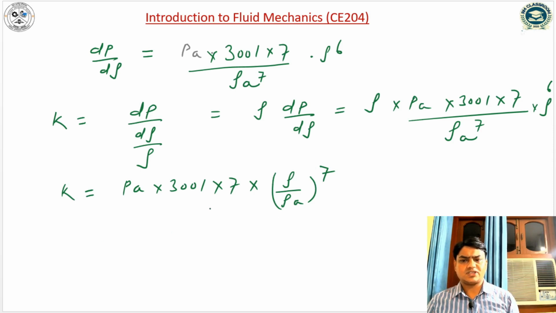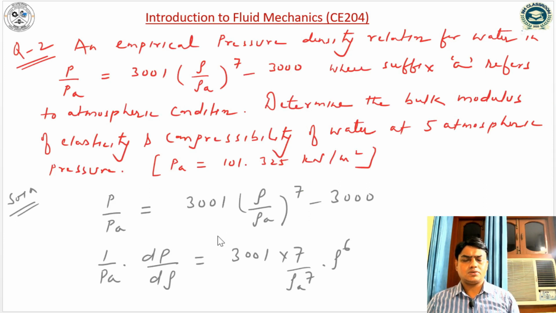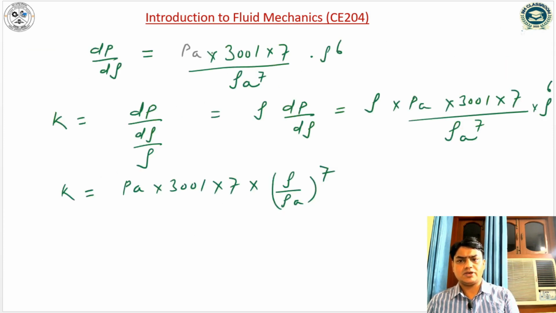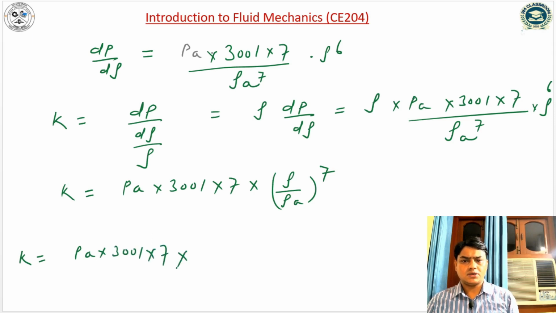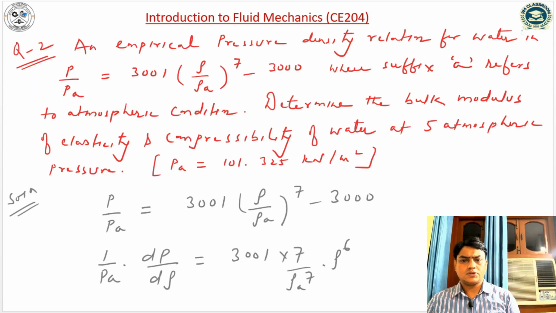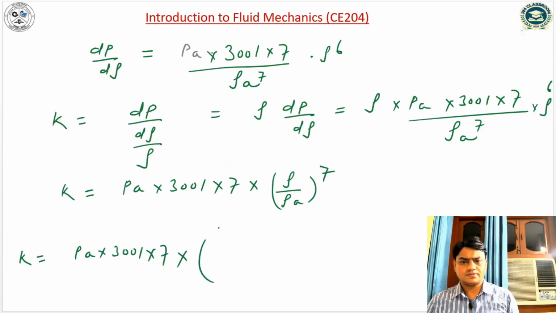And rho by rho A to the power 7 can be written as P by PA plus 3000 divided by 3001. So K is equal to PA into 3001 into 7 into P by PA plus 3000 divided by 3001. 3001 cancel.